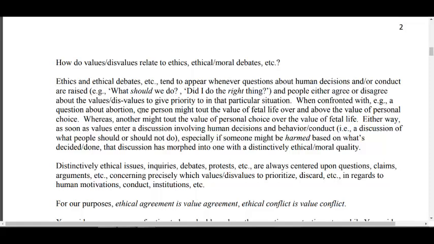Like when confronted with a question about abortion. A question about abortion could be something like, is it morally okay to abort? We're familiar with this. It shows up in the news. It's in dispute at this very moment, and it will always recurrently come up and be in dispute. Ethical issues recur because humans tend to encounter these same questions over and over again in their lives.